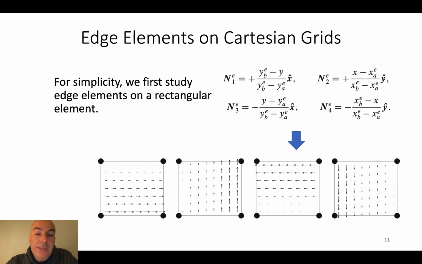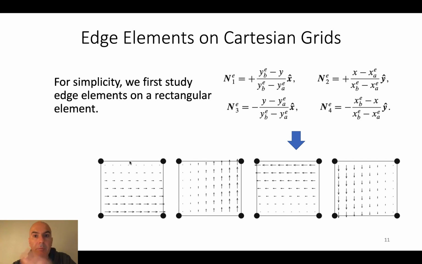So for simplicity, we first study edge elements on a rectangular element. Our element is this rectangle here, and then we're going to have four edge elements, one for each edge.